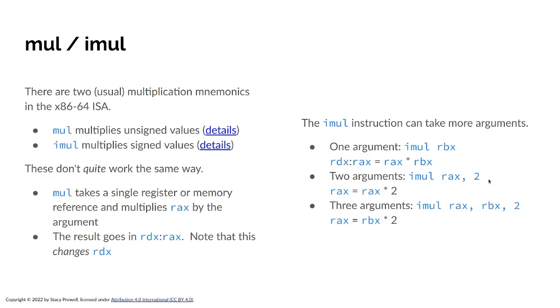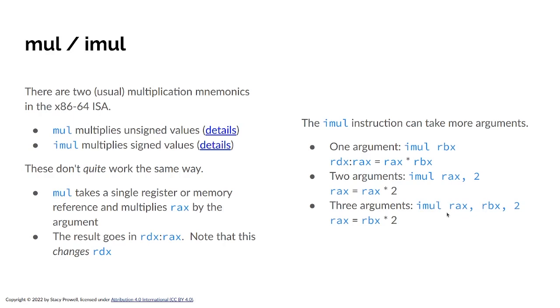It can take 2 arguments. So if I say imul RAX and 2, in this case, RDX is not used. It just takes the value in RAX, it multiplies it by 2, and it stores the result in RAX. And of course, that can overflow. 3 arguments, imul, RAX, RBX, and 2. What does that do? That takes RBX, it multiplies it by 2, and it stores the result in RAX.